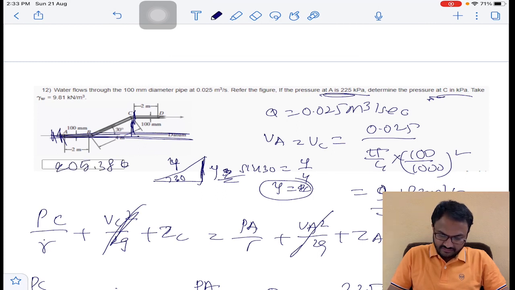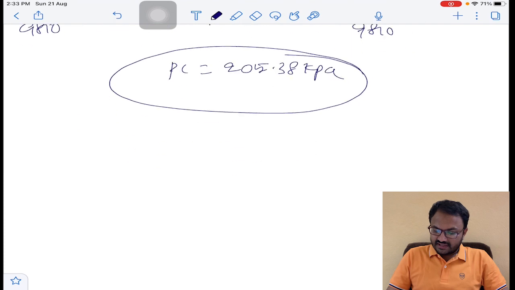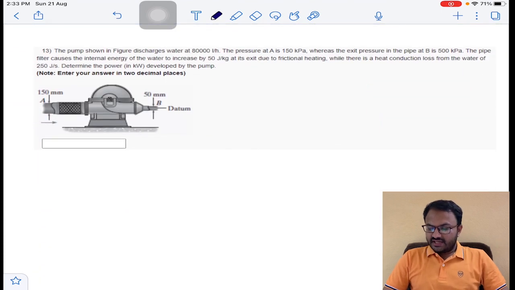Coming to the next question, the pump shown in the figure discharges water at 80,000 liters per hour. The pressure at A is 150 kPa, whereas the exit pressure in the pipe at B is 500 kPa. The pipe filter causes the internal energy of the water to increase by 50 joule per kg at exit due to frictional heating, while there is a heat conduction loss from the water of 250 joule per second.